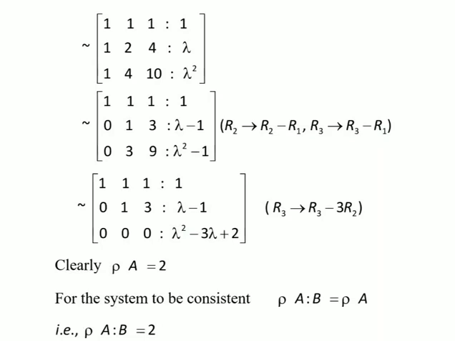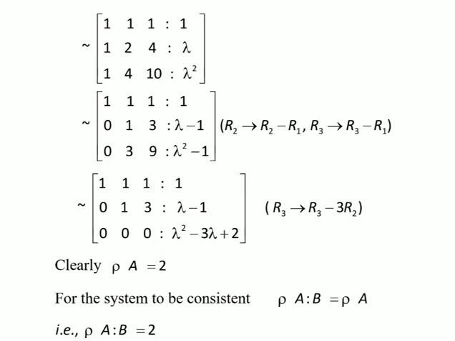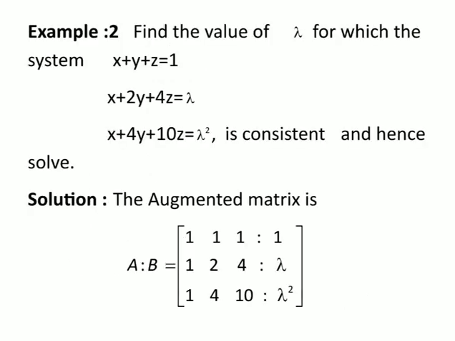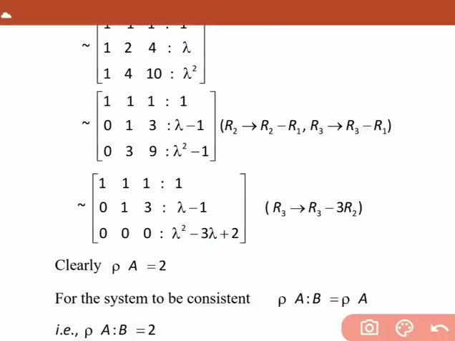So first you have to make these two elements here 0. This is the matrix A. Applying row operations, R2 changes to R2 minus R1, we want to make this element equals to 0, and this element also equals to 0.